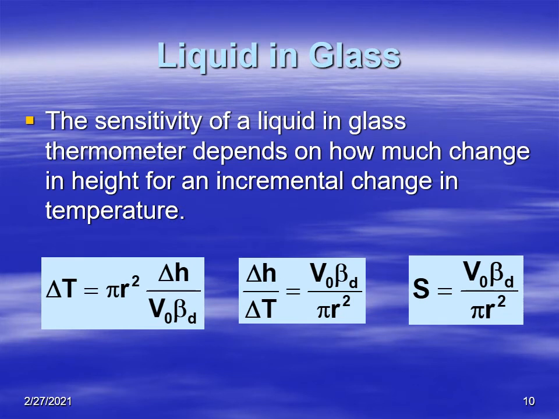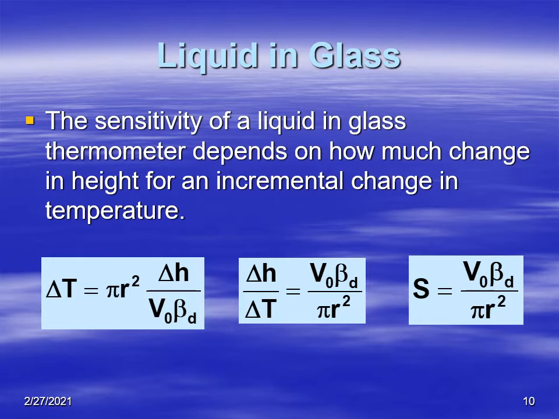We can further rearrange this equation to get the sensitivity of the liquid in glass thermometer. Sensitivity means that you're going to get a change in height of the fluid in the stem of the thermometer for a given change in temperature. So rearranging the equation, now we have, as you see in the middle equation, delta H over delta T. That's our sensitivity.